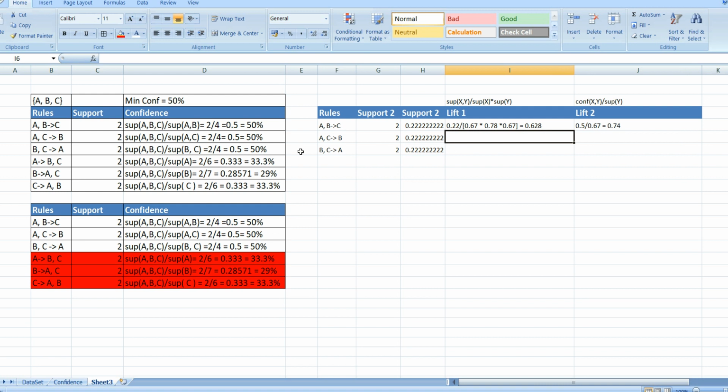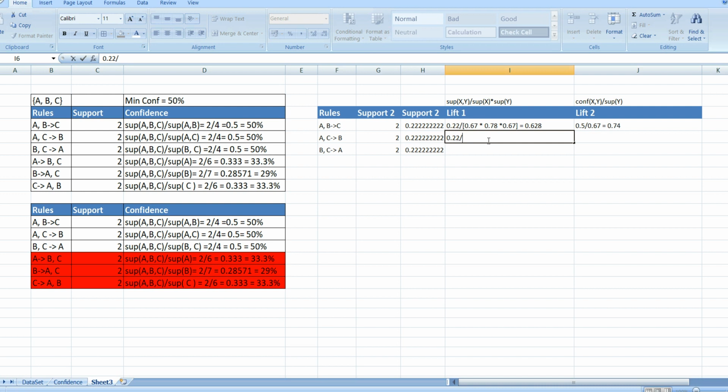We proceed. If we're going to do the same calculation again for AC driving B, we are going to see that using this same formula where we have the support of XY, the support of ACB still remains the same, which gives us 0.22 divided by, again, the same value of the product of X and Y, because it's the same that we have used there.